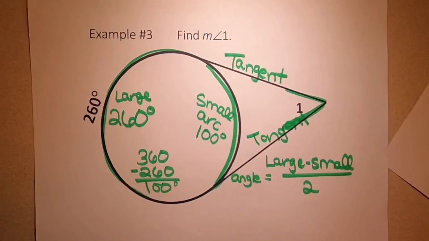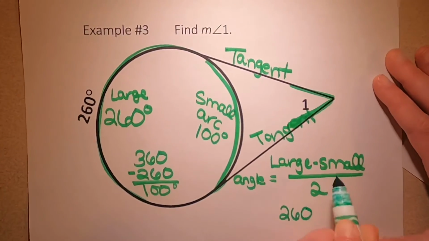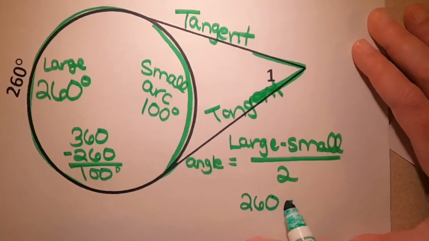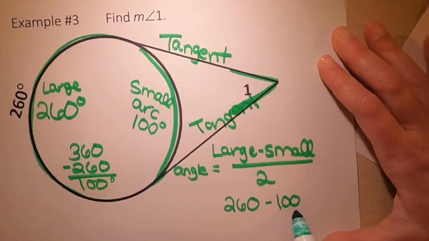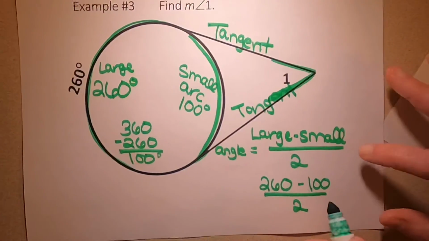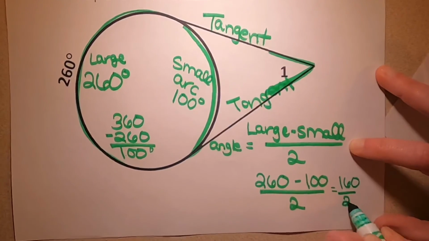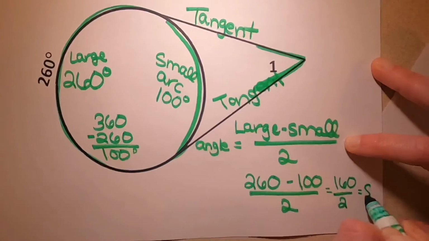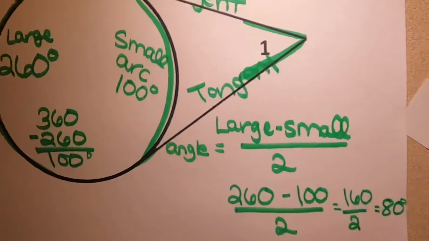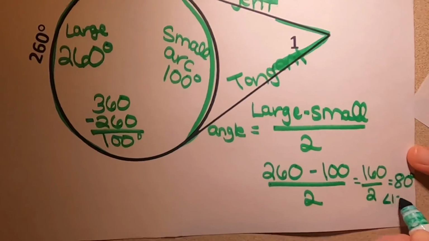So all you have to do now is say your large arc of 260 minus your smaller arc of 100 divided by 2. So 260 minus 100 will give us 160 divided by 2. That means our angle measure is 80 degrees. So your angle, measure of angle 1, is 80 degrees.